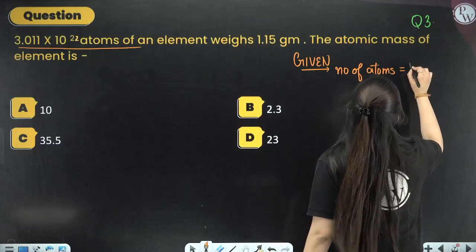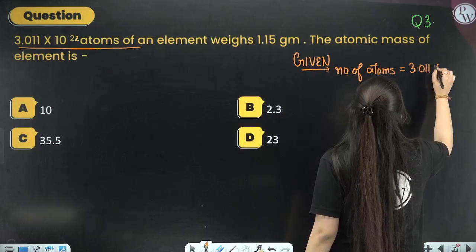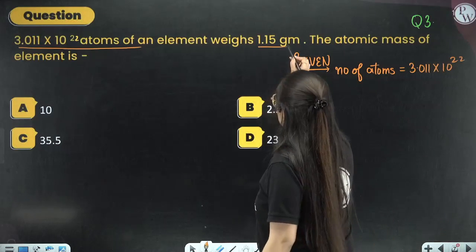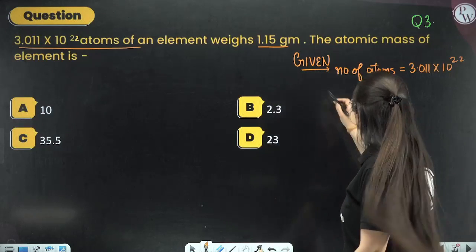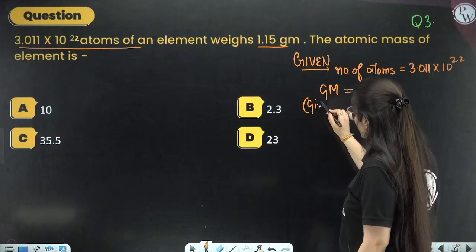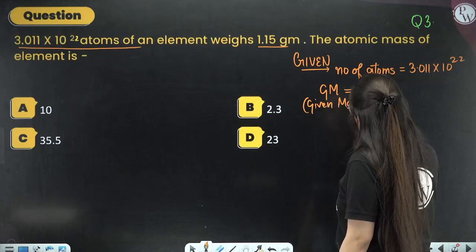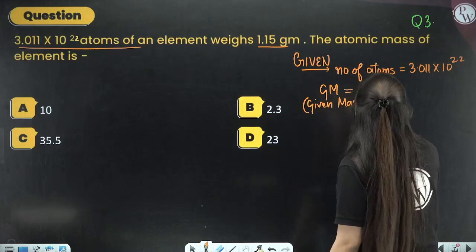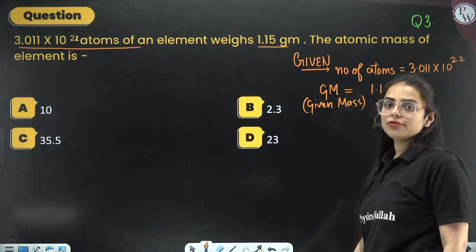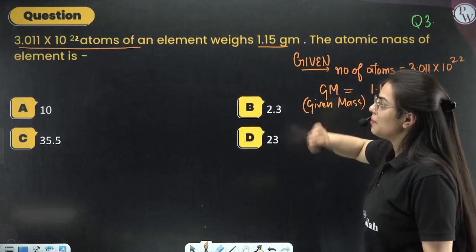How much? 3.011 into 10 raised to the power 22. Now they have given you the mass. The given mass is provided to you for that atom. So given mass I am writing with GM. This is your given mass. How much, ma'am? 1.15 grams.